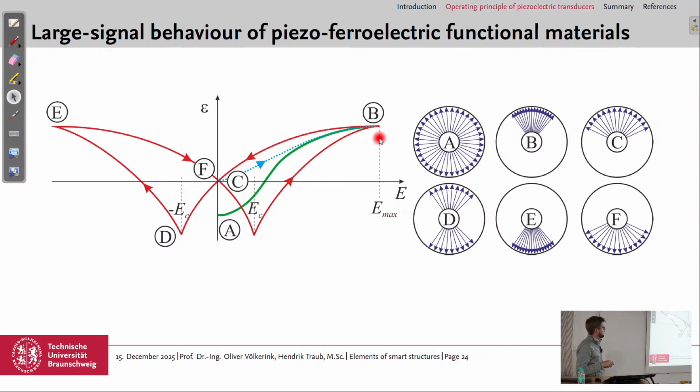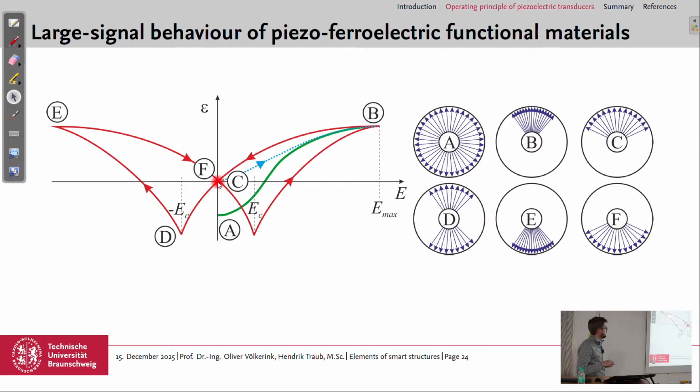And then if we remove the field again, we go down here up to this point C. We have the piezoceramic polarized now, but no field applied. By definition, we could define this as zero strain, but we could also shift the butterfly hysteresis up so that this is defined as zero strain. It's a matter of definition.